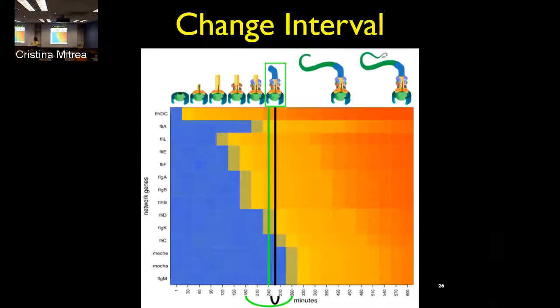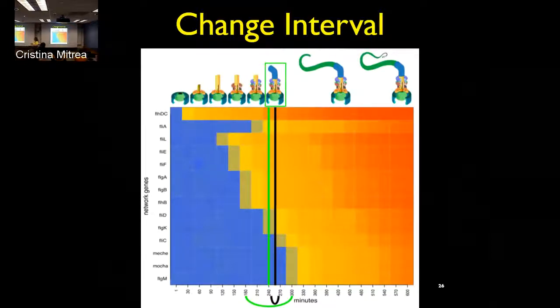This algorithm was implemented in R, and once we ran our algorithm, we identified the change, and it coincided closely with the real change interval. Our change interval was detected between 180 minutes and 300 minutes, and the real change interval that was known was between 240 minutes and 270 minutes.